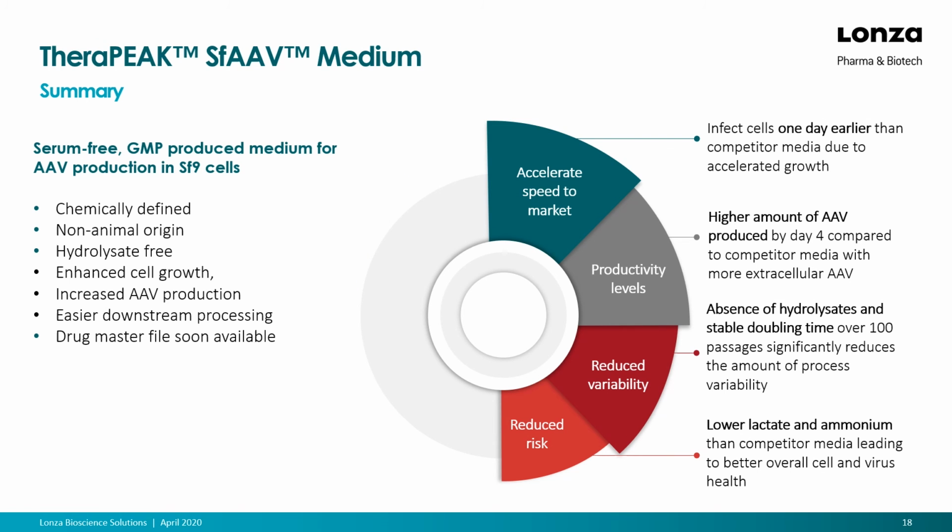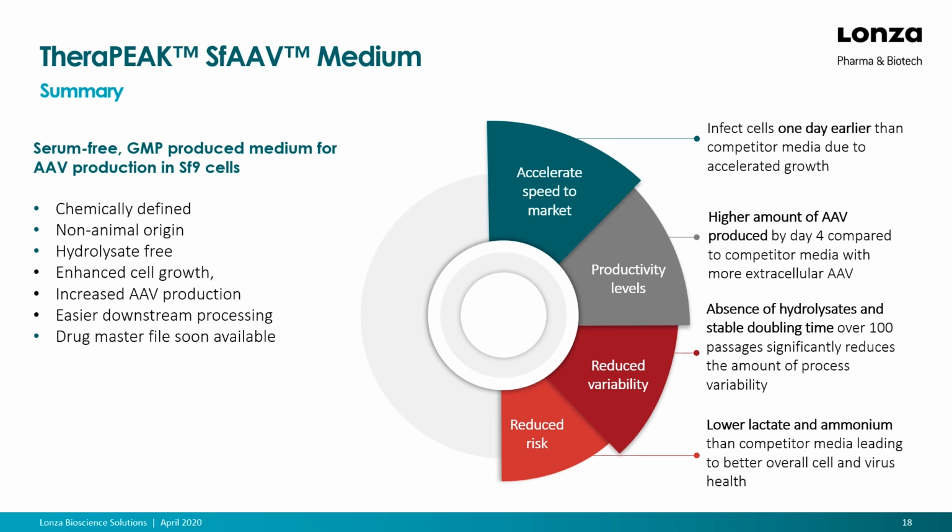In summary, TheraPEAK SfAAV will accelerate your speed to market since you can infect the cells 1 day earlier due to the accelerated growth of the SF9 cells. You achieve higher productivity using TheraPEAK SfAAV based on the amount of adeno-associated virus produced and the amount that is found extracellularly.